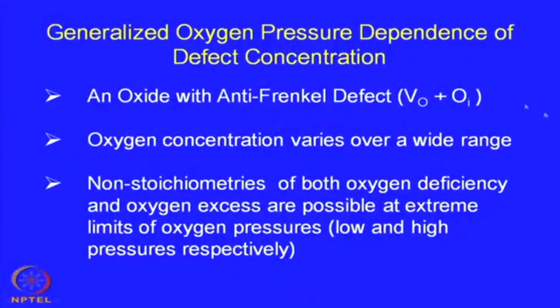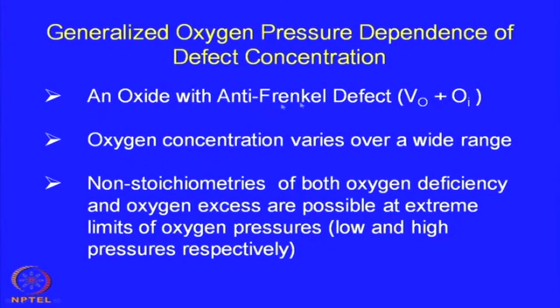One is oxygen vacancy and the other is oxygen interstitial. That is why it is called anti-Frenkel defect, if you remember from our original definition. Whenever there is a presence of oxygen vacancy and oxygen interstitial, we call it anti-Frenkel defect.